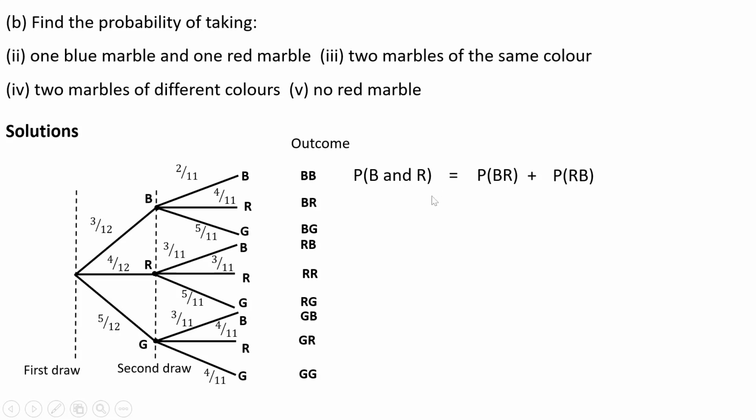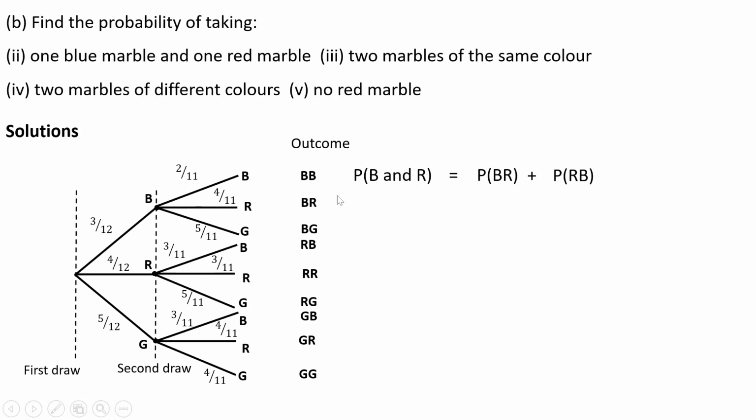Why? Because we come here and see the outcomes. Blue red is here. Then we have another one, red blue, here.